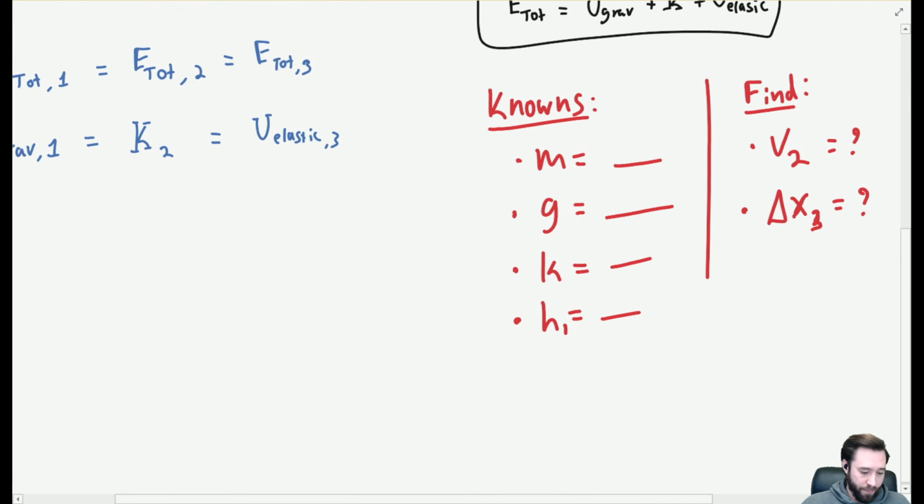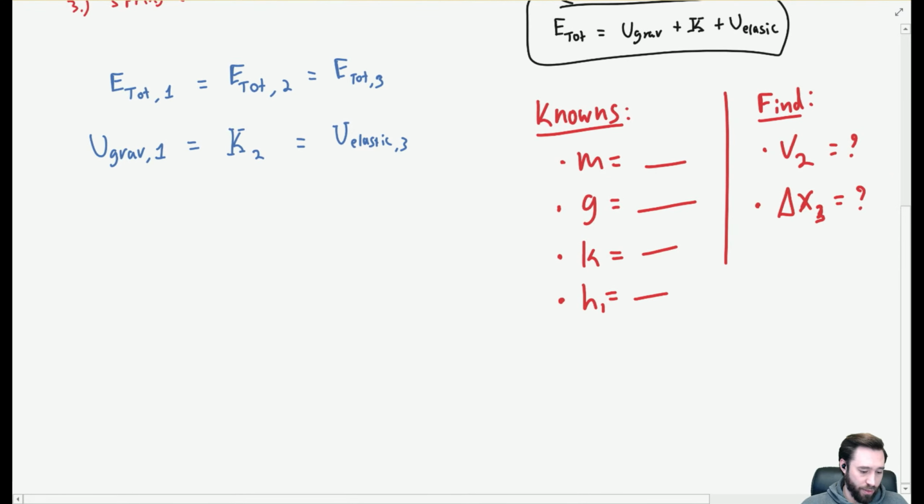Okay. So what we can do is, if I'm trying to solve for V2, where is V2? Remember, the subscripts represent what state it's in. V2 is obviously going to be in state 2.